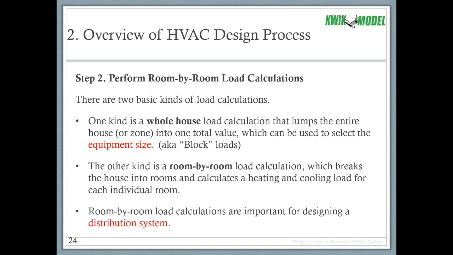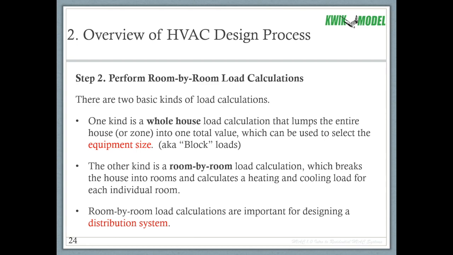Step 2 in the design process, once you've gathered all the information about your house, you need to plug that data into the room-by-room load calculation software. There are two basic kinds of load calcs. I briefly mentioned these earlier. The first one is a whole house load calculation that basically lumps all the house into one total value, or zones if there's more than one piece of equipment.